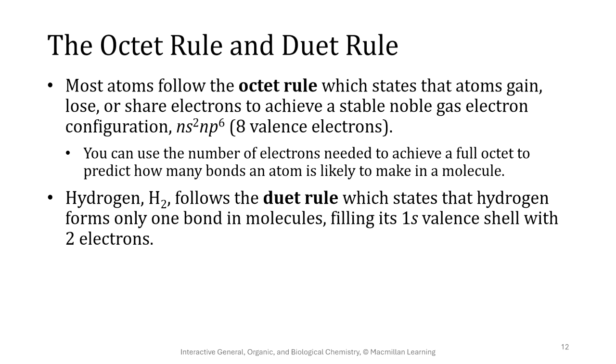It turns out that for those elements, the atoms gain, lose, or share electrons to achieve a stable noble gas configuration, and in this case, that would be 2s2, 2p6, such that it would have 8 valence electrons. Hydrogen, of course, is only in period 1. It's the one element that's by itself there, and it tends to follow the duet rule. That is, it wants to have 2 electrons to be like helium.